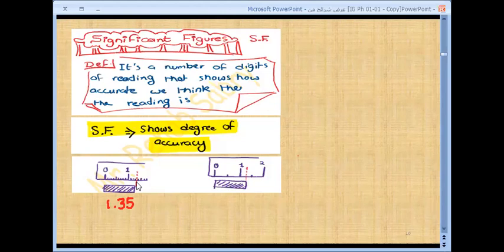The first estimated number, is it this or this? No, this 5. The first estimated number is 5. Exactly. So if someone writes, for example, that it's 1.53201, I'll tell him what?